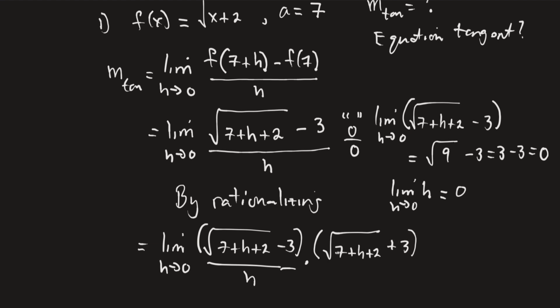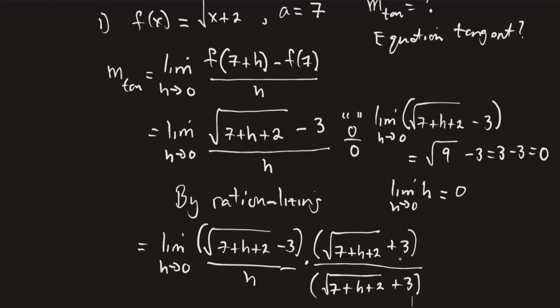That's the definition of the conjugate. You change the operation between the two terms. You don't change anything under the radical, you just change the sign between the two terms. And since we multiply the top by that quantity, we have to multiply the bottom by the same quantity. So we got the root of 7 plus h plus 2, plus 3.